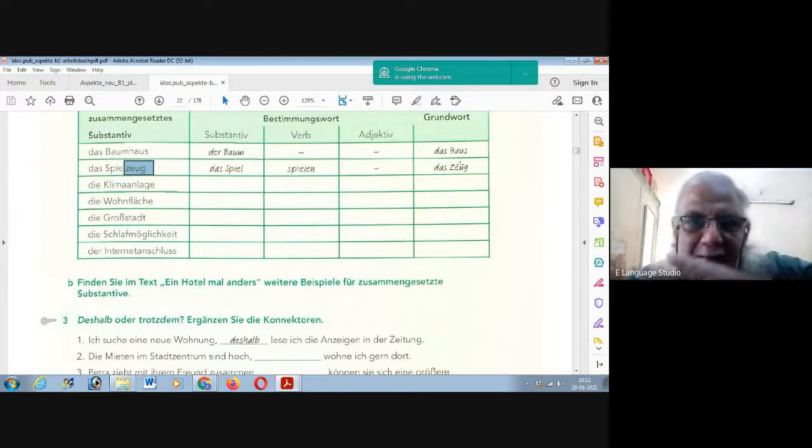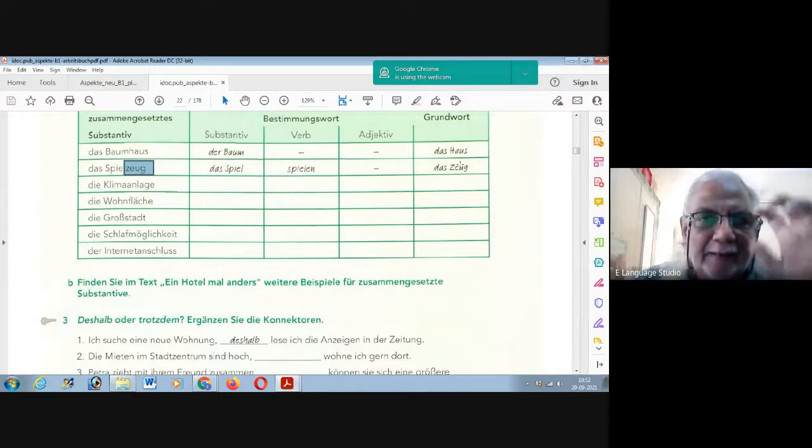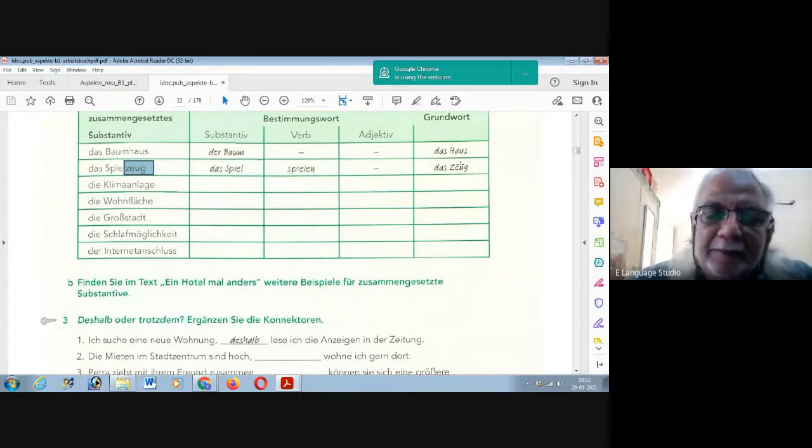So this trick of going backwards from the last noun to the front helps us gather the meaning of a German word quicker and in a much safer manner. German can have as many nouns or words as you possibly can attach after one word.